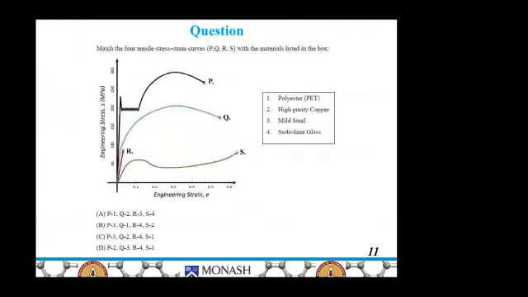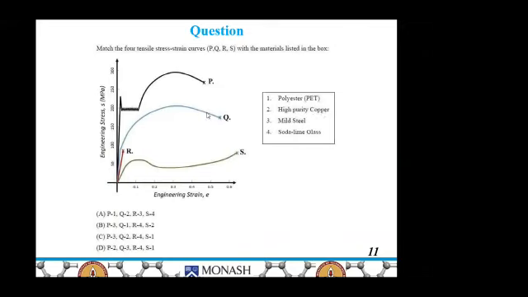Now this is a question on stress strain curves. So we have four stress strain curves, and correspondingly we have four materials. P corresponds to mild steel, as we have discussed in most of our presentation, and Q corresponds to copper, because in copper we don't have any yield point phenomena.